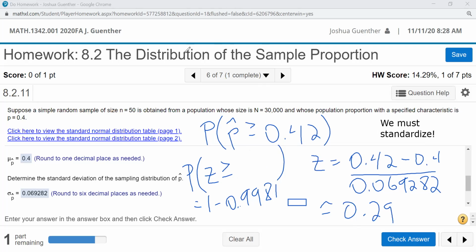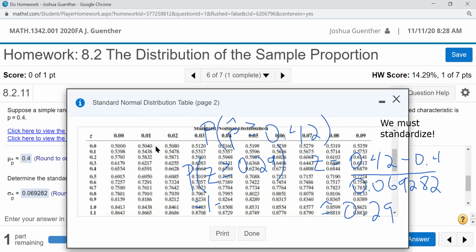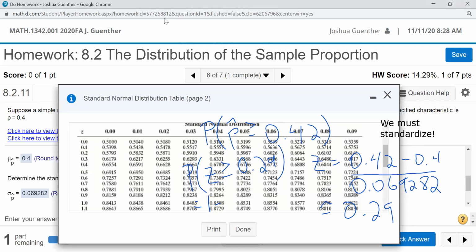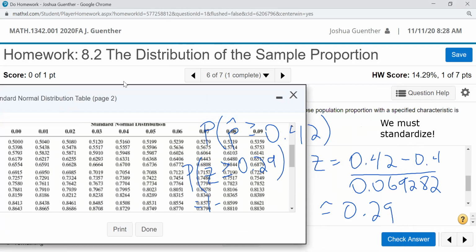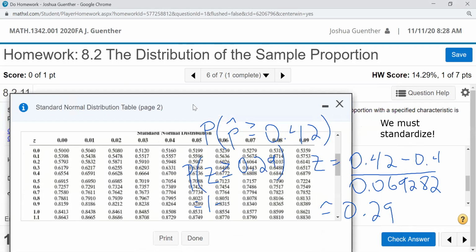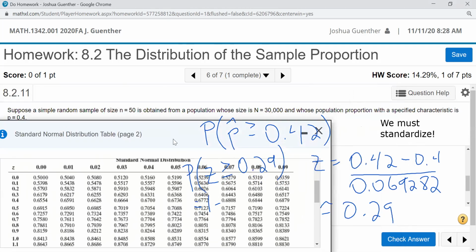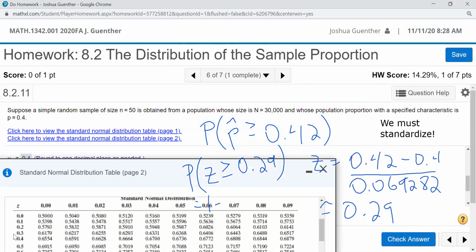So it's going to be the probability of a z-score of at least 0.29. It's still going to have us do a 1 minus type probability. We go back to the z table and we look up 0.29. And here it is, 0.29, so 0.6141.